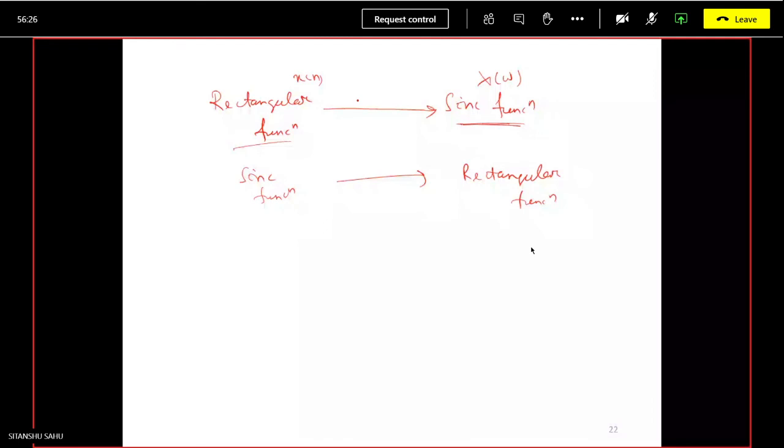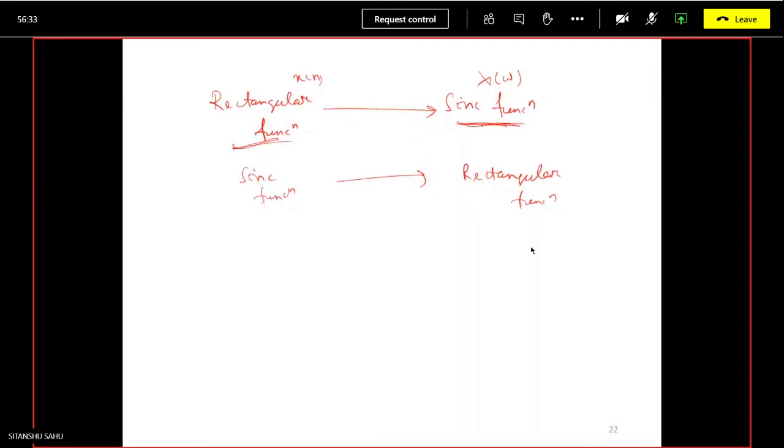If I start with a rectangular function, I get a sinc function, and to go back, if I put a rectangular function in the frequency domain, I go to its corresponding sinc function in the time domain. This is called the duality property of the Fourier transform. So sinc and rectangular functions show the duality property.